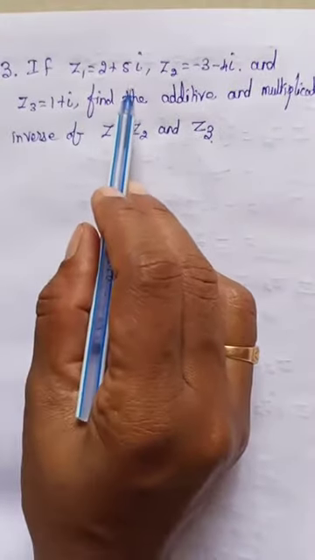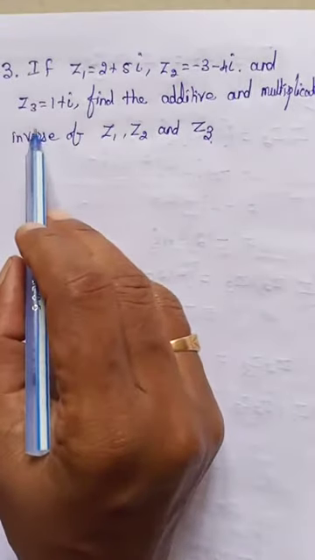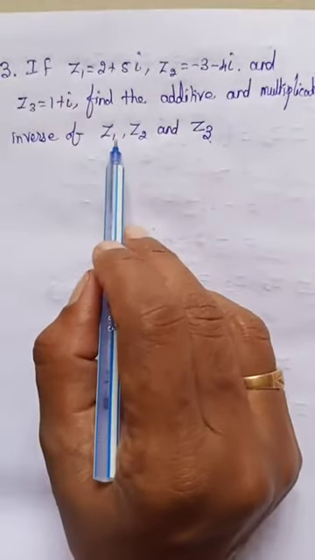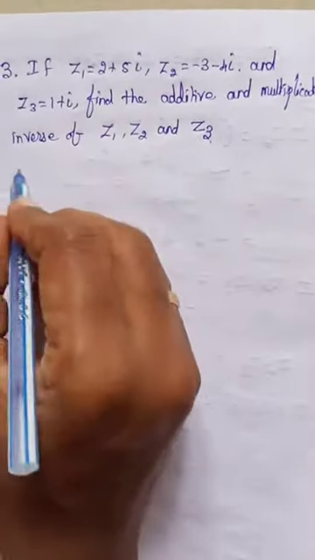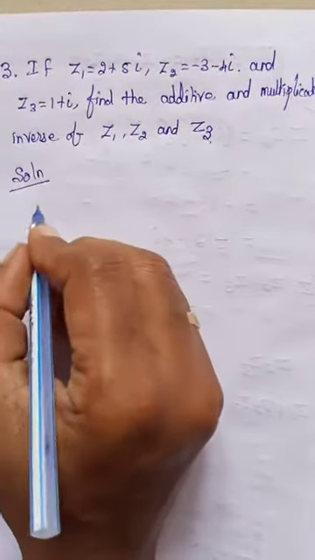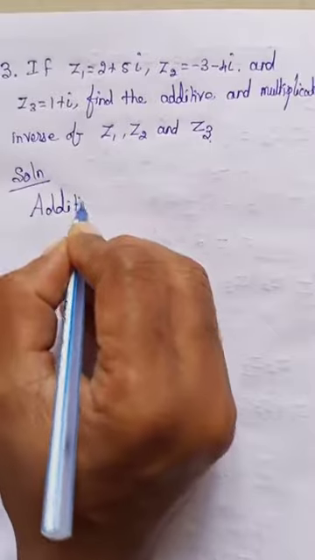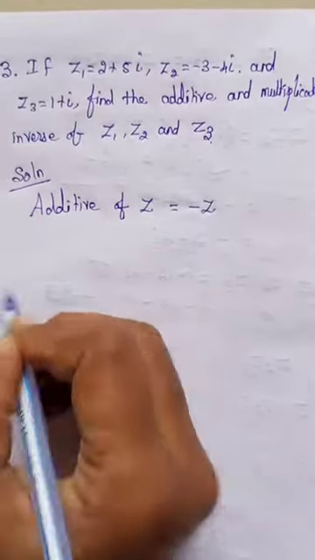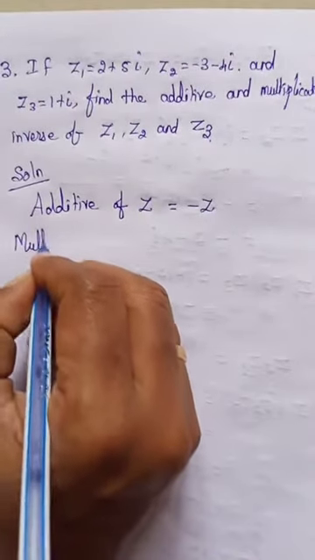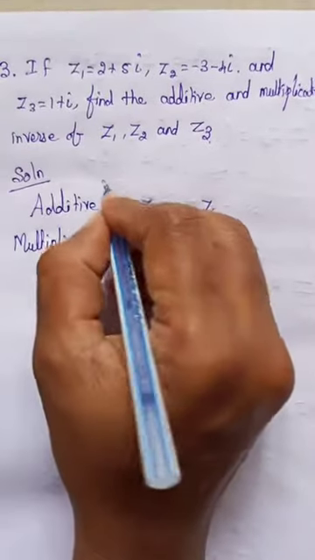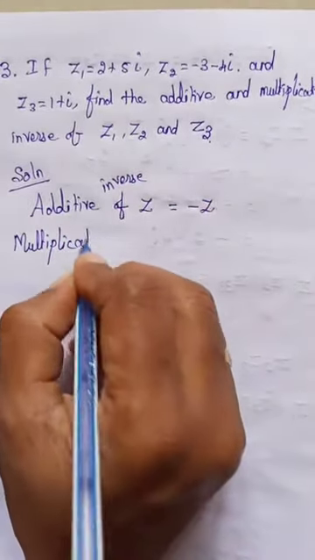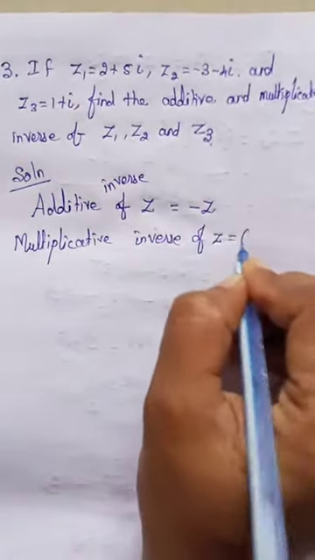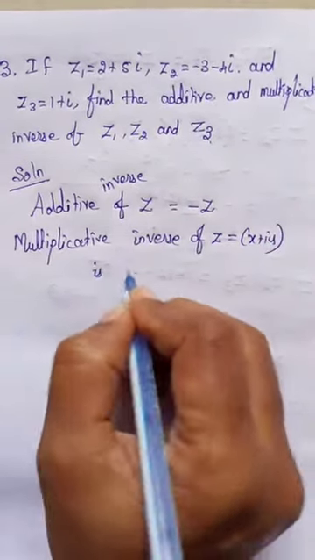Okay, problem number 3. Z1, Z2 and Z3, three values are given. The question is to find the additive and multiplicative inverse of Z1, Z2 and Z3. See, first we can write the additive inverse of Z. The additive inverse of Z is equal to minus Z. Then the multiplicative inverse of Z equal to x plus iy, that is Z inverse, isn't it?